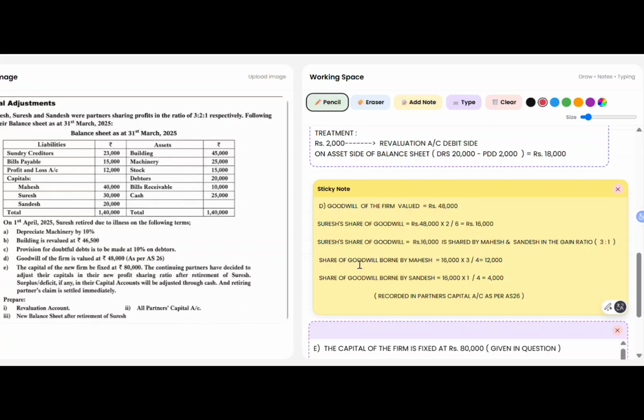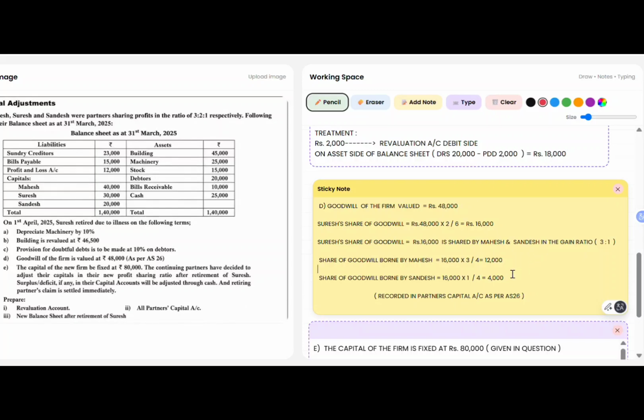So the share of goodwill borne by Mahesh will be 16,000 into the gain ratio, 3 by 4, that will be 12,000. And the share of goodwill borne by Sandesh is 16,000 into 1 by 4, that will be 4,000. So this is to be recorded in the partners' capital accounts as per AS 26.